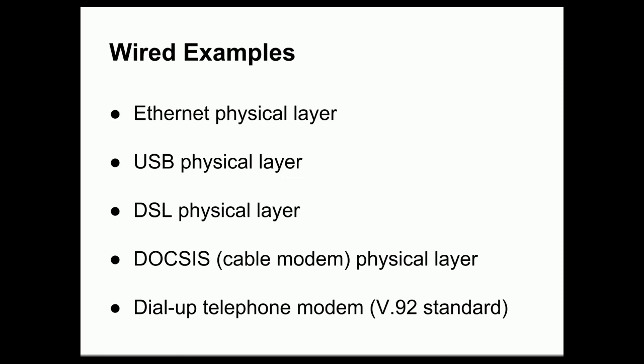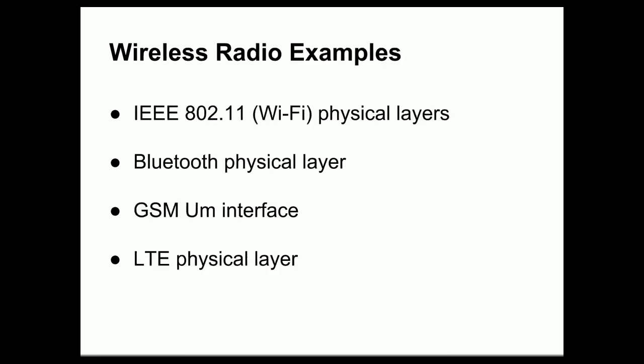Digital subscriber line, or DSL, has a physical layer. Cable modems have a physical layer as part of the DOCSIS standard. And even good old-fashioned dial-up telephone modems had a physical layer as part of the V.92 standard. In wireless devices, we have other standards of physical layers.